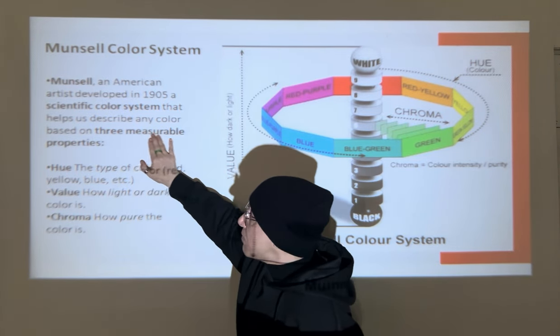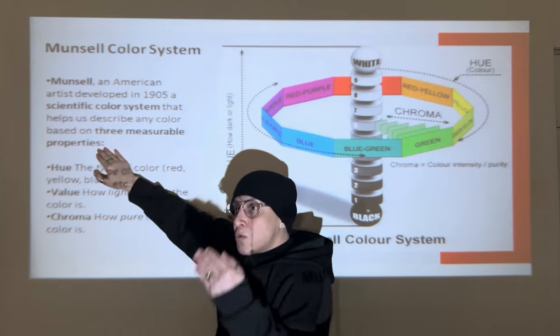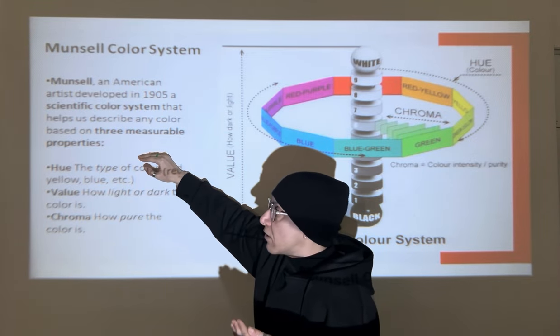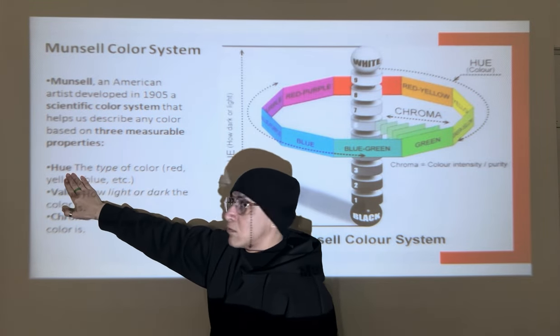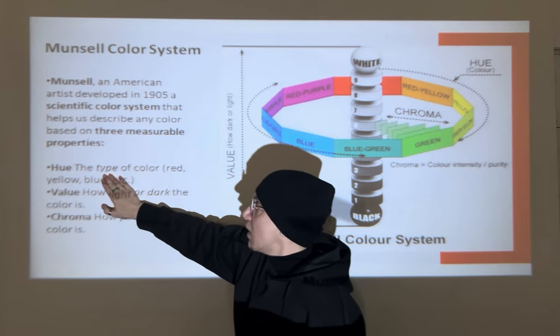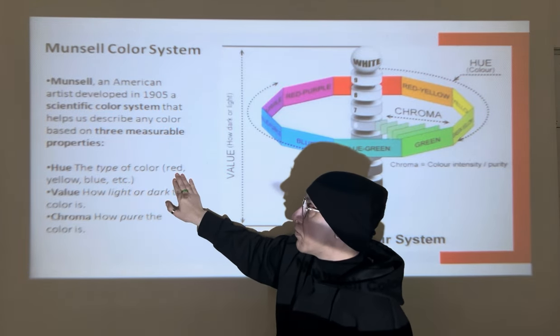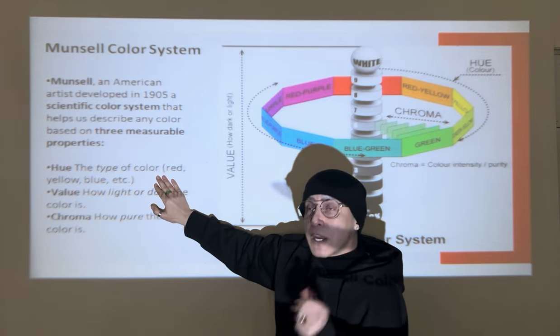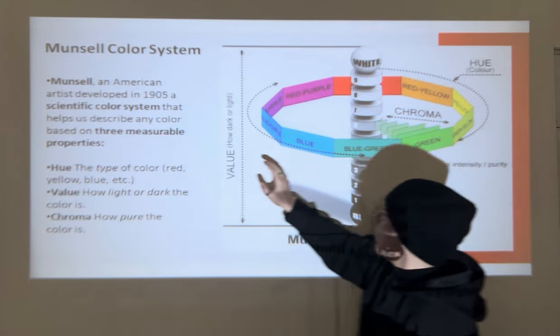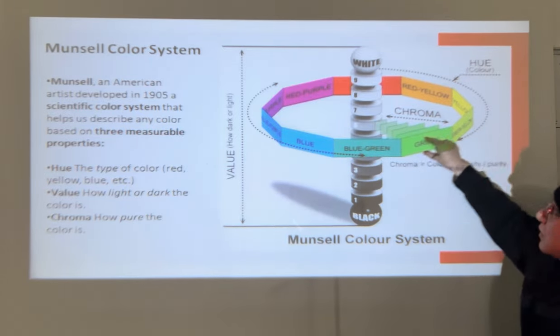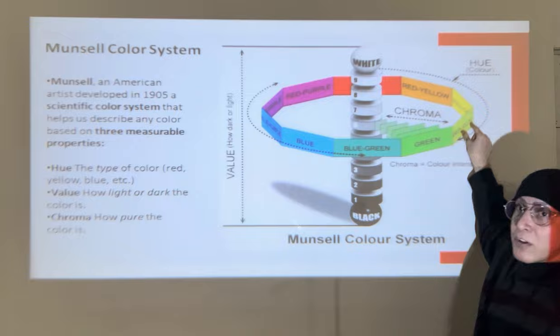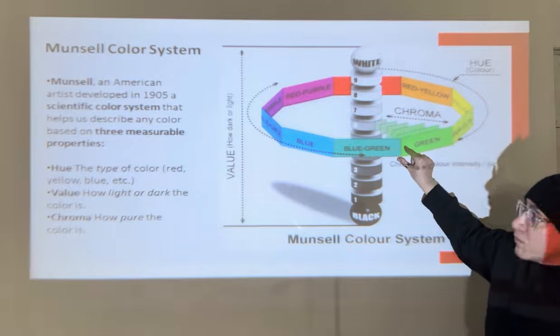So what are the 3 measurable properties through which we can identify a color? The hue, first of all, okay, the hue, the type of color. For example, red, yellow, blue, from the color wheel, okay? Where are the hues here? You see these? These are the hues from the color wheel, okay?